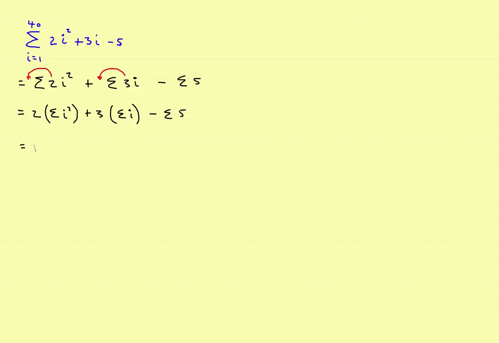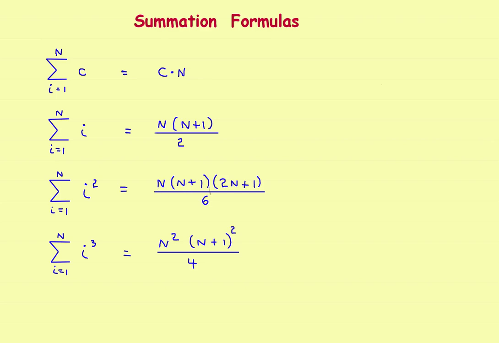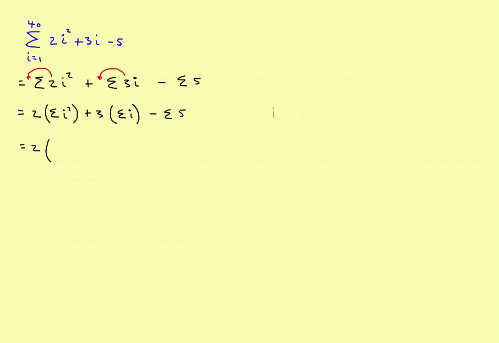Now again, I'm going to go ahead and change each one of these into their N form. So the summation of I squared is N times N plus 1 times 2N plus 1 divided by 6. So that's going to be N times N plus 1 times 2N plus 1, all divided by 6.